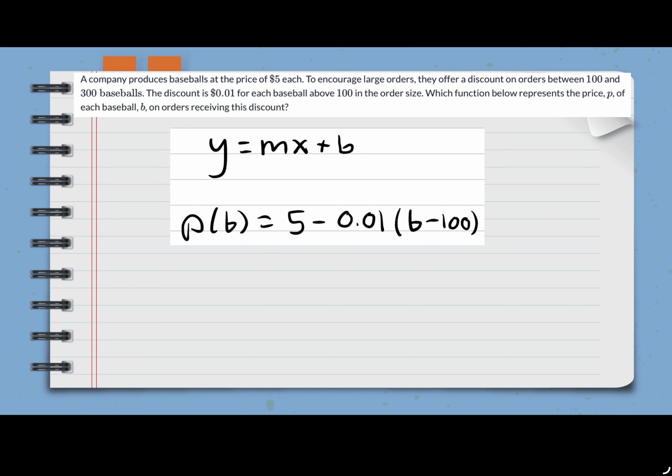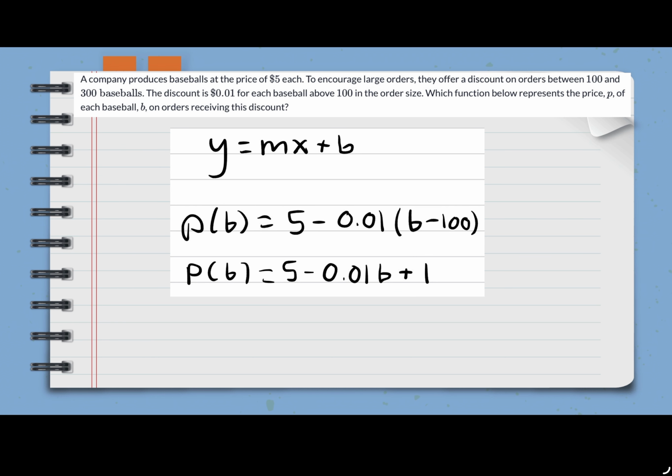Now, once you simplify this, we have 5 minus 0.01B plus 1, or negative 0.01B plus 6. And that comes from, again, how many baseballs you order above 100, you'll receive a cent discount. And the more baseballs you order, the more discount you'll get, which is represented by our graph here.